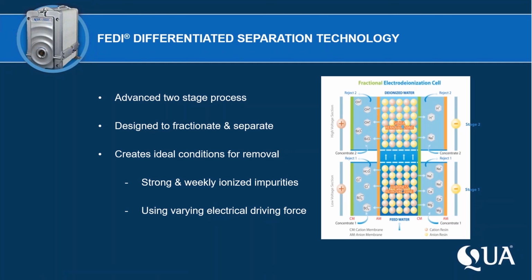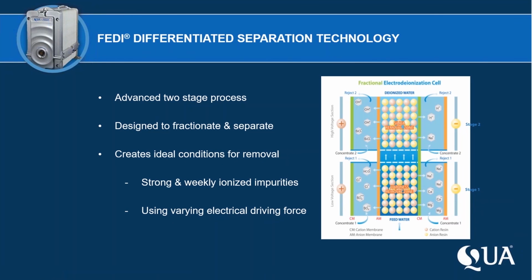And the other beauty of this Fedi process, and the reason why we can get a higher hardness, is we're running at these higher current efficiencies in this working zone, and we can actually take this reject off midway through the EDI stack and introduce a second concentrate flow or stream into the working zone.